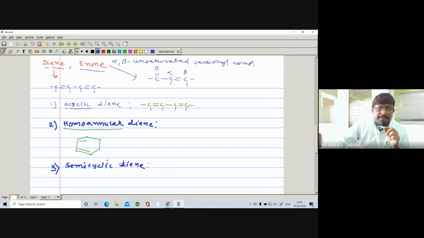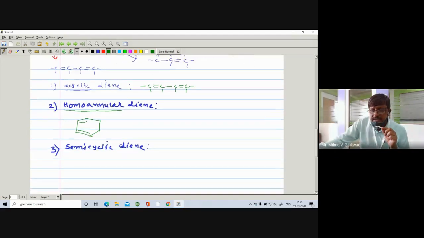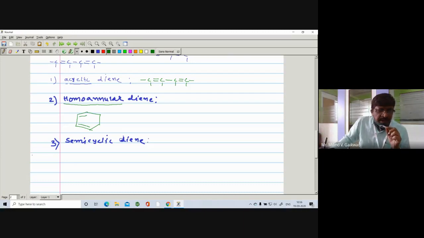Suppose we have a ring compound with one pi bond present in the ring, a single bond, and again a pi bond.